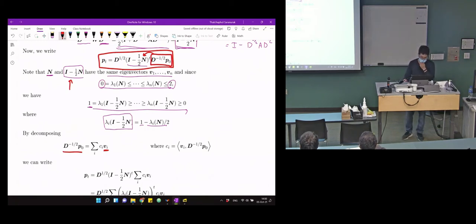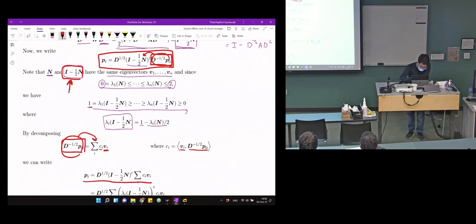Any vector, this is just some vector, I write down in the basis of the eigenvectors of N, which are the same as eigenvectors of this guy. The coefficient c_i is nothing but how much this vector goes in the v_i direction. I replace this by this thing, and I get this.